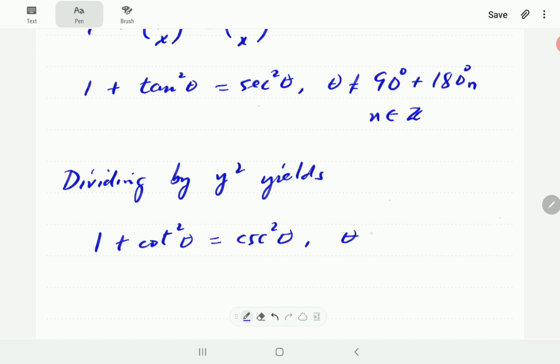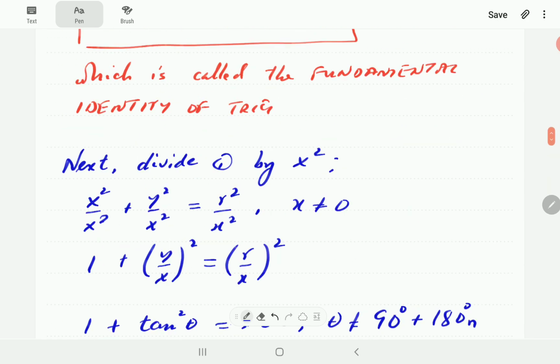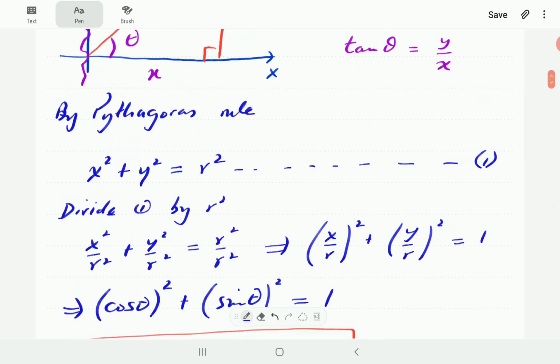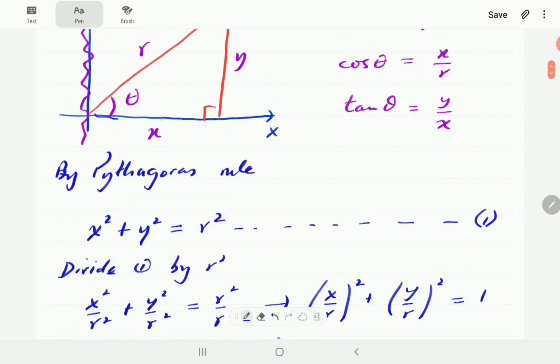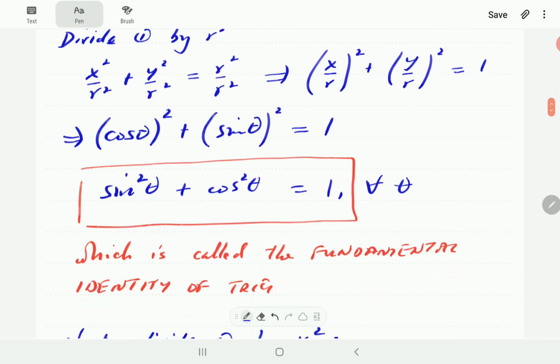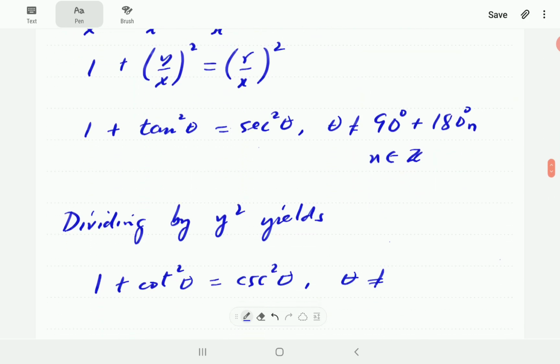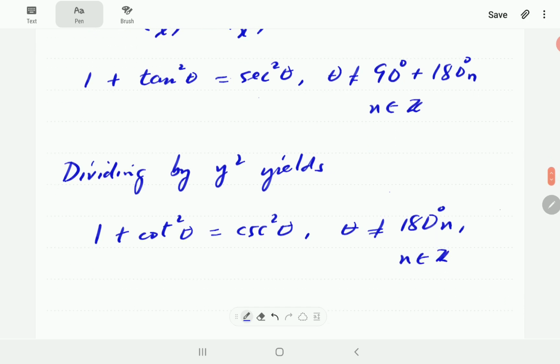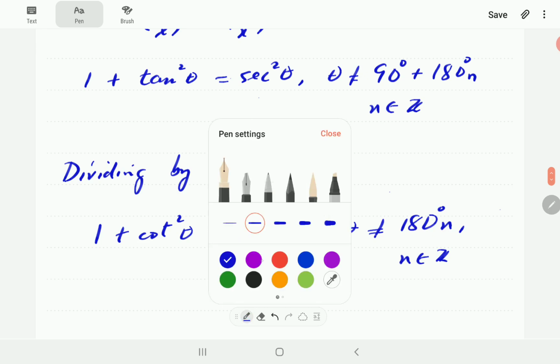This trigonometric identity is going to be good so long as we are away from the horizontal axis. So along the horizontal axis we've got 0, 180, etc. So we're going to say as long as theta is not equal to 180 degrees times n, where n is an integer.